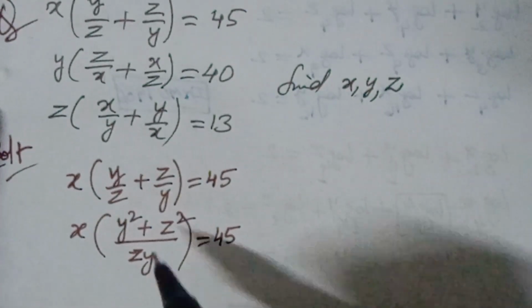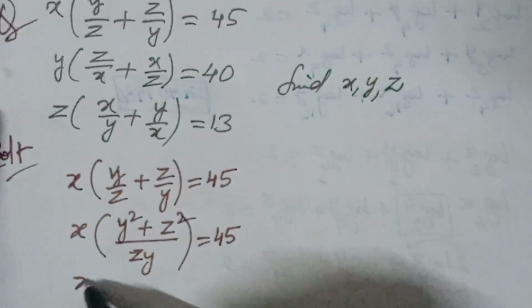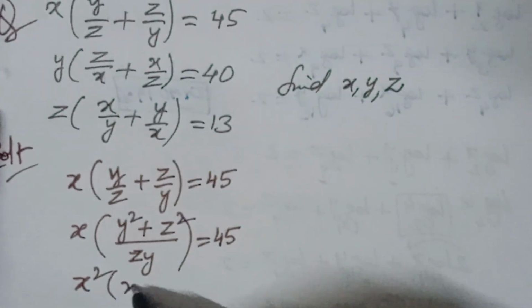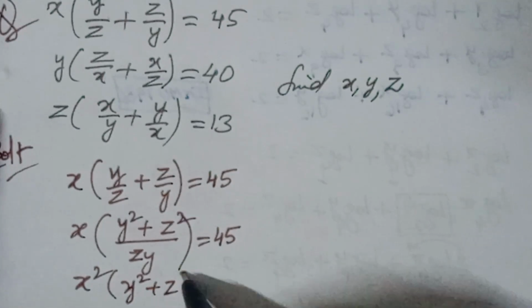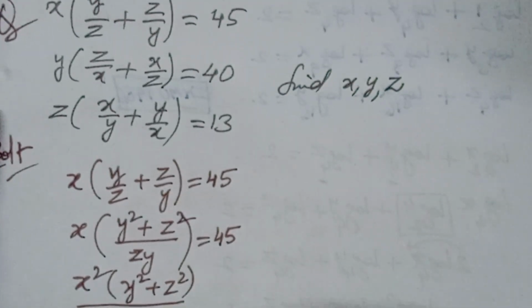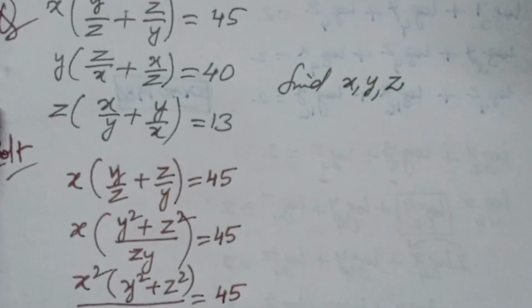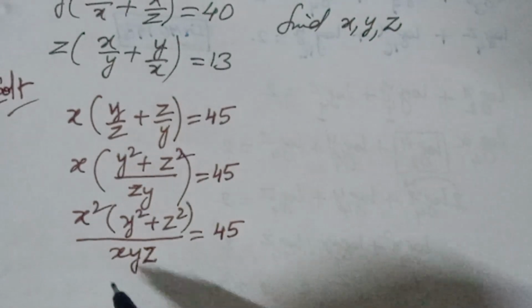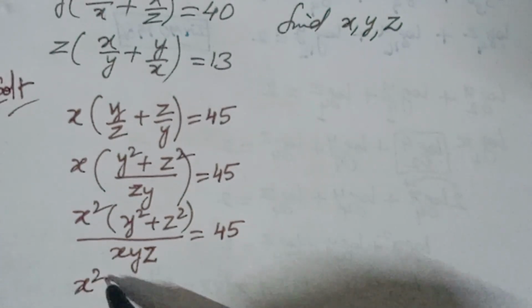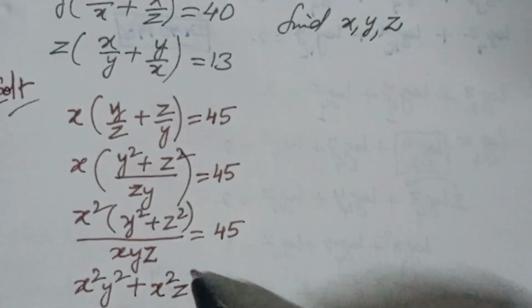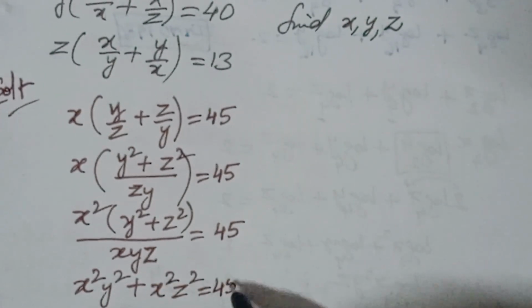We get x square into (y square plus z square) by xyz is equal to 45. So you can write it as x square y square plus x square z square equal to 45 xyz.